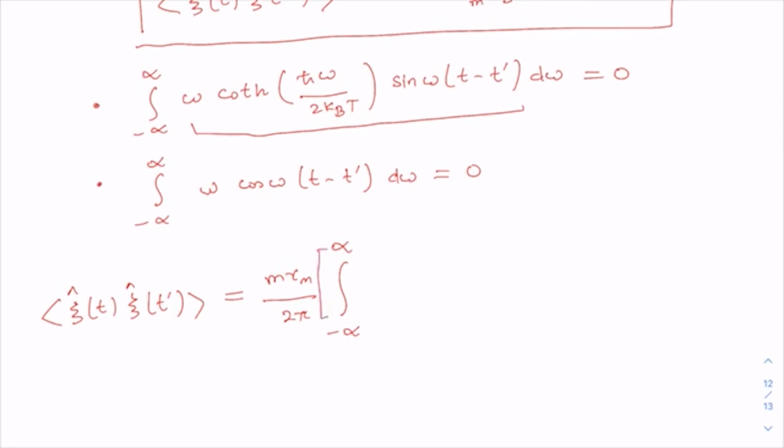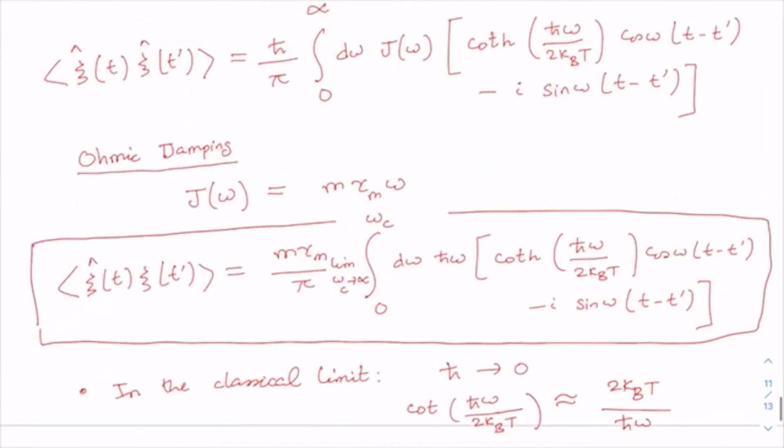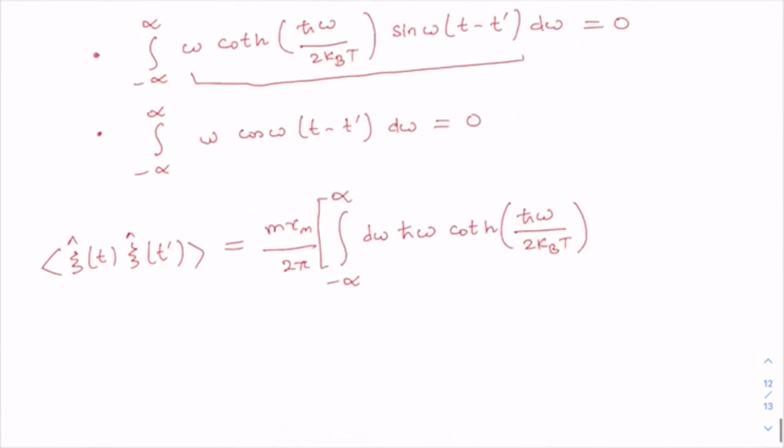It's very simple and straightforward, you can verify it: dω ħω coth(ħω/2kBT). Then rather than writing the cos, I will write e to the power minus iω(t − t'), because the sine part will give me 0, that's why I can do it.